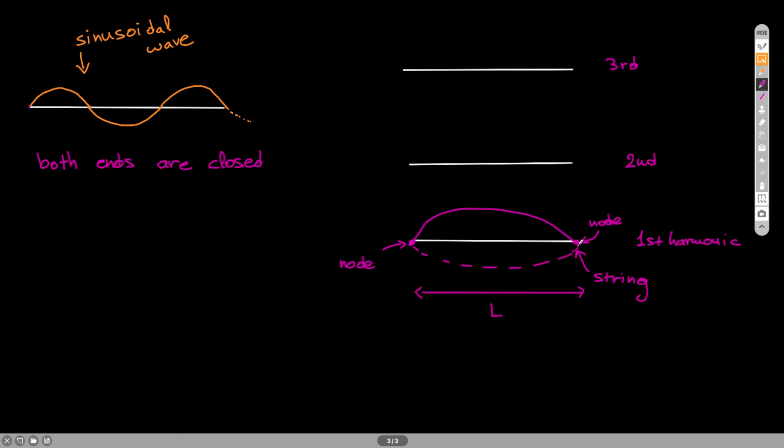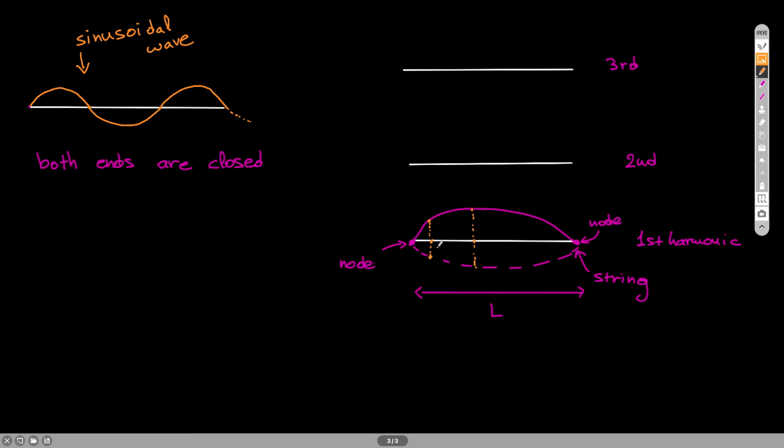You will see these 2 points of the string not moving at all, and this point of the string is simply going from here to here, and up and down and up and down. And if you look at this point of the string, it is going all the way to here, and then it's going all the way down, up and down, up and down.